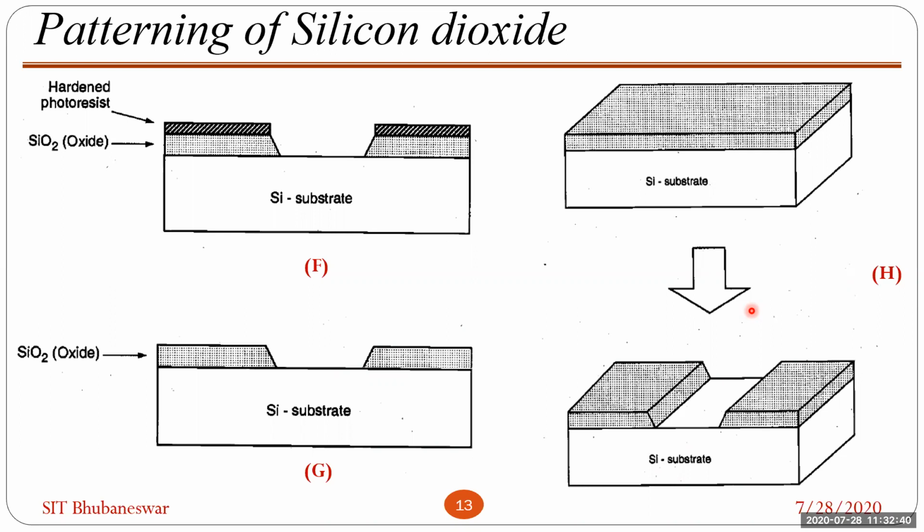This is the repeated process for every layer in the fabrication unit. For every layer from bottom to top, this patterning process will be there. Once one layer is complete, then the second layer of patterning happens, then the third layer, the fourth layer, like that. This is the process.